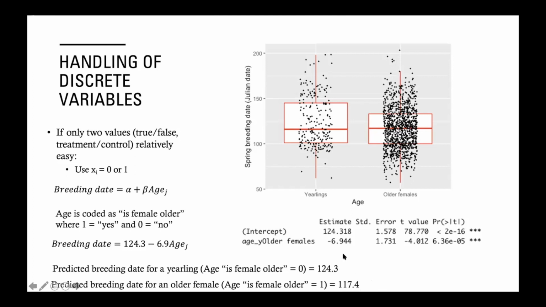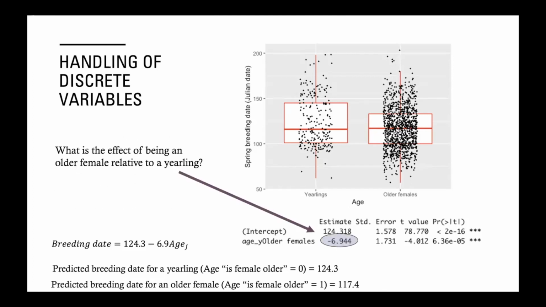But the way that we've represented that is as the intercept, or the value of the y variable when the x variable is 0, and the effect of being an older female relative to a yearling female, which is to breed 6.9 days earlier. So what our beta, or our slope, represents in this case of a categorical predictor is the effect of being an older female relative to a yearling.